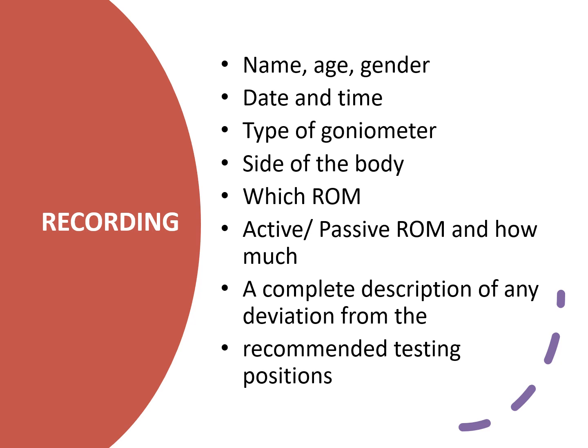Then definitely which side of the body or which side of the joint have you assessed, whether it is right side or left side, you have to mention very clearly the side of the measurement. Which range of motion have you taken, which means whether it is flexion, extension, abduction, adduction, external rotation or internal rotation, you have to mention which range of motion.